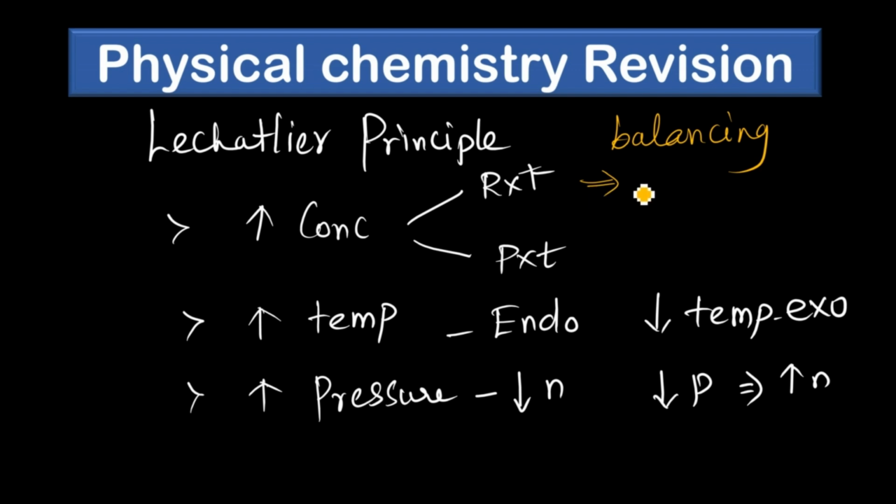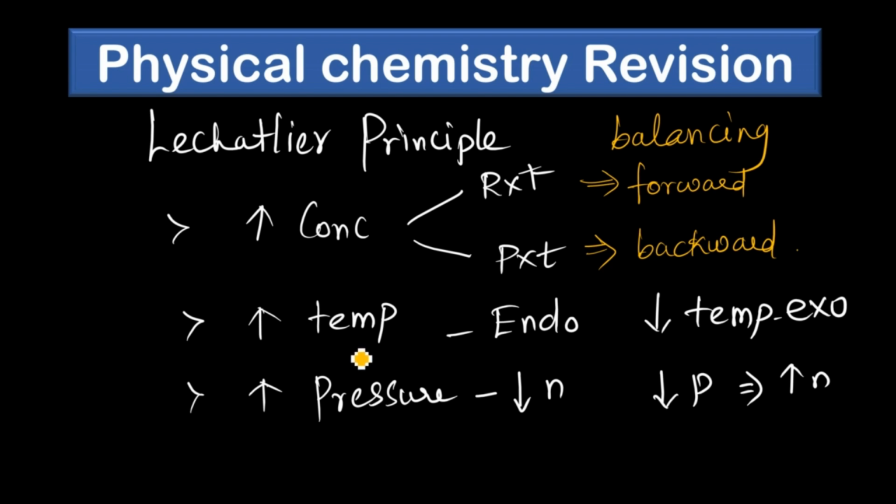So it will proceed forward so that more product will be formed and the reactant will decrease. If product concentration is increased, then it will go in the backward direction. Then coming to temperature factor.